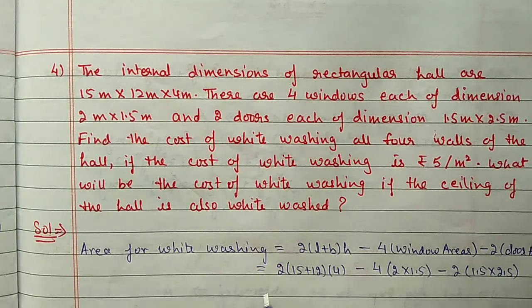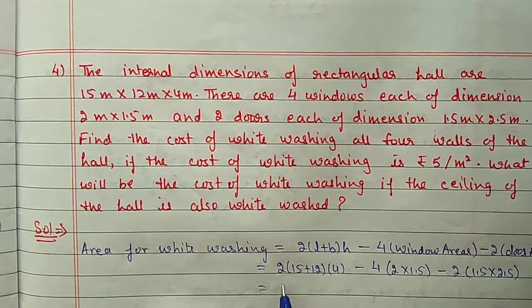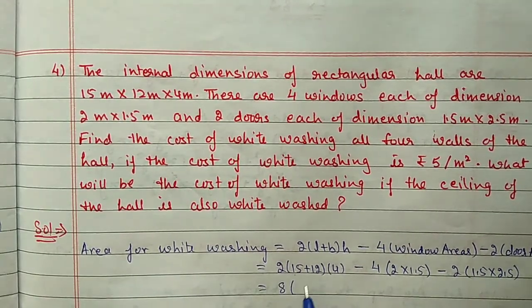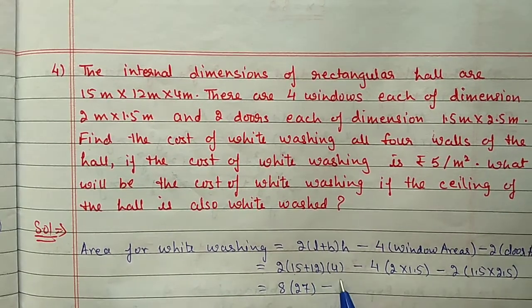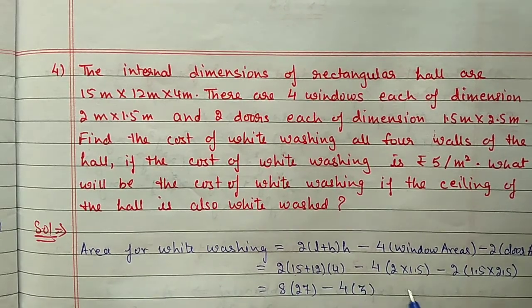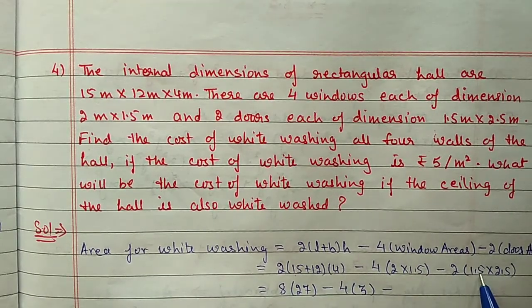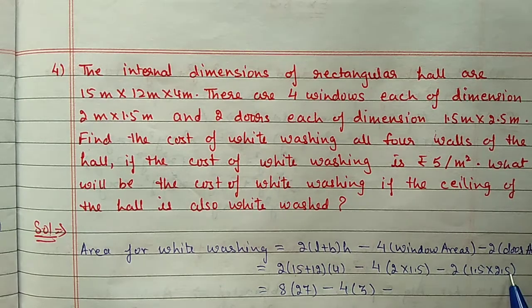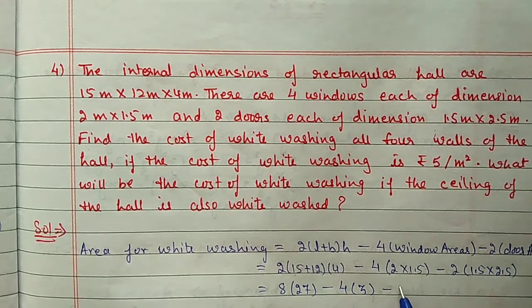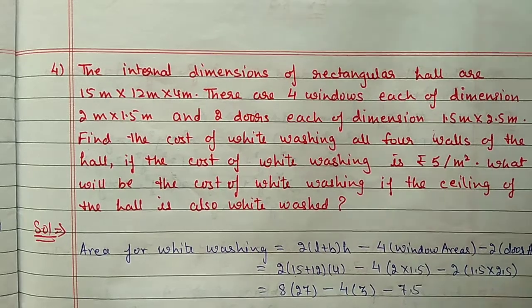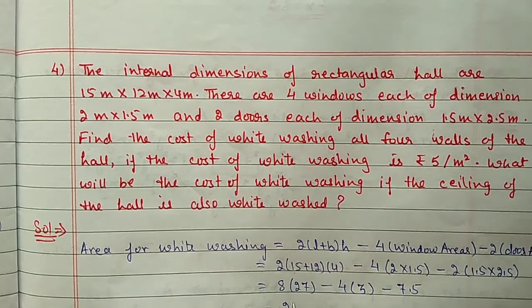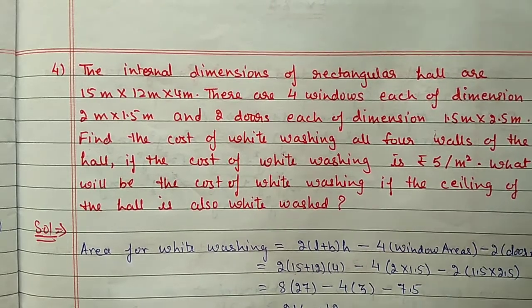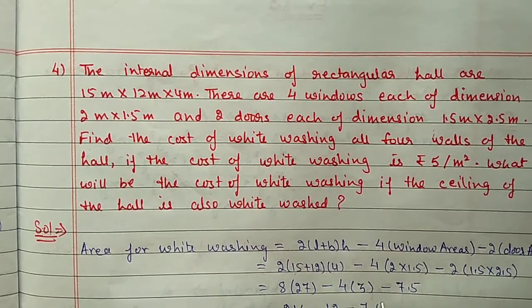Now first we will multiply. 2 into 4 will become 8 and 15 plus 12 will become 27. 2 into 1.5 will be 3, and 3 into 2.5 will become 7.5. 8 into 27 is 216, minus 12, minus 7.5.